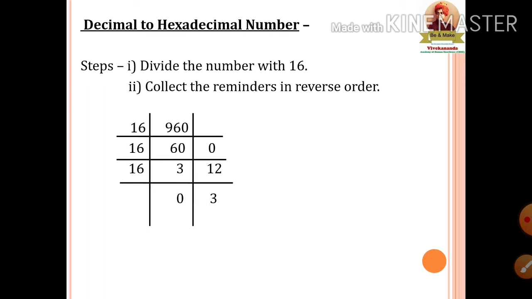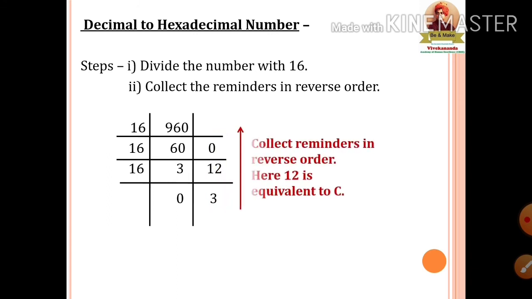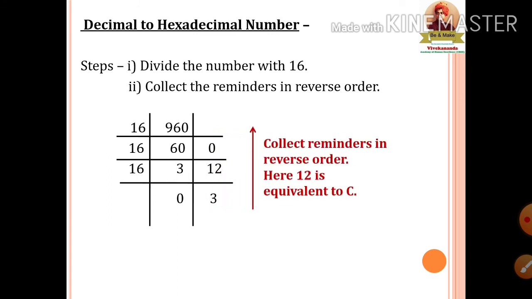Again dividing number 3 by 16, we will get the quotient as 0 because 3 is not divisible by 16, and the remainder will be the same number, 3. Now collect the remainders in reverse order.